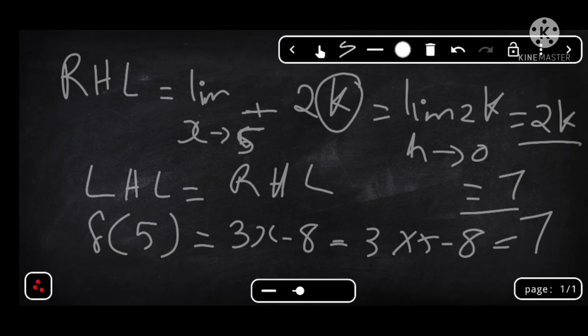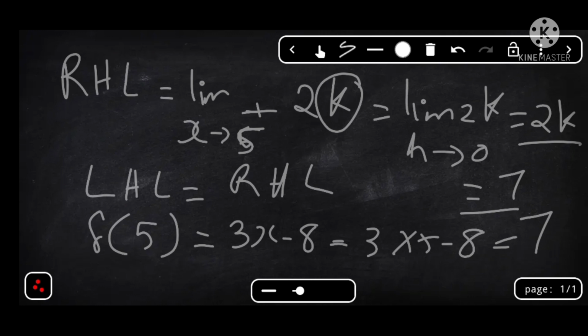In the question I missed something: they said that this function is continuous. f of x is continuous, so we just need to find the k value. Clear? Since f of x is continuous at x equal to 5, LHL will be equal to RHL will be equal to f of 5.